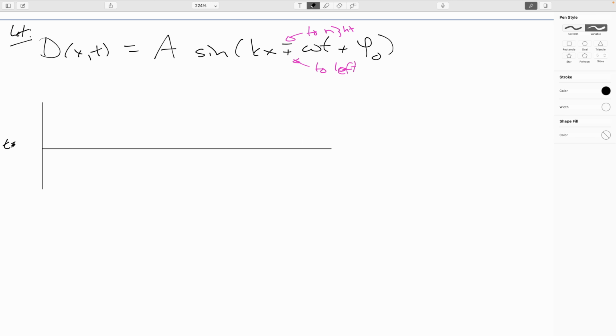So I'm going to draw a snapshot graph at time 0. Remember, snapshot graph is just showing the entire wave at one instant in time. Think of taking a snapshot on a camera of, say, the string or whatever it is we're looking at. 1, 2, 3. Oops.